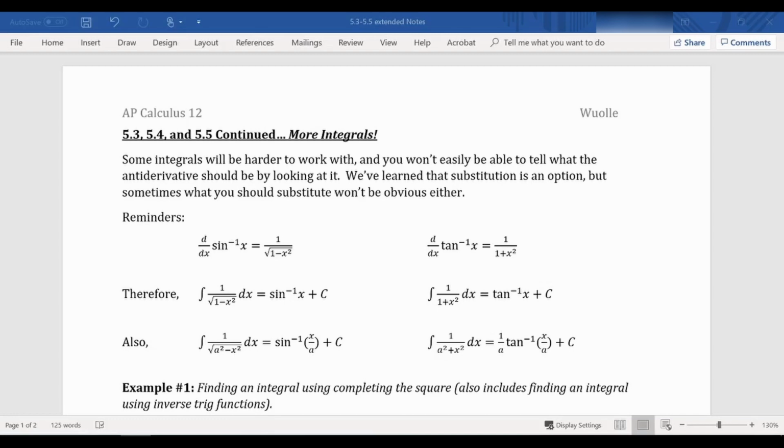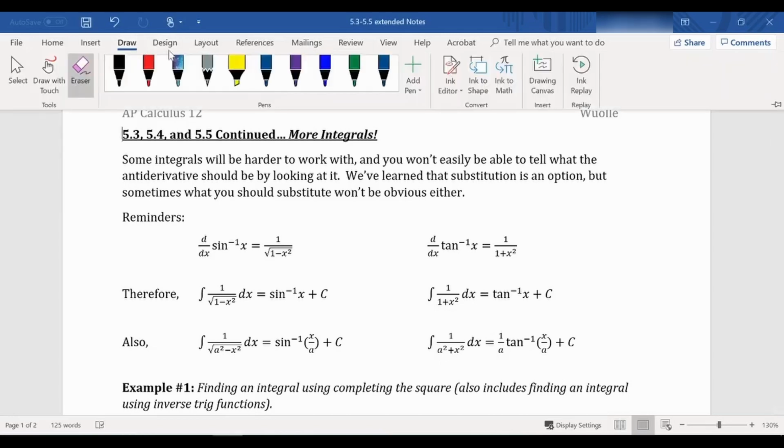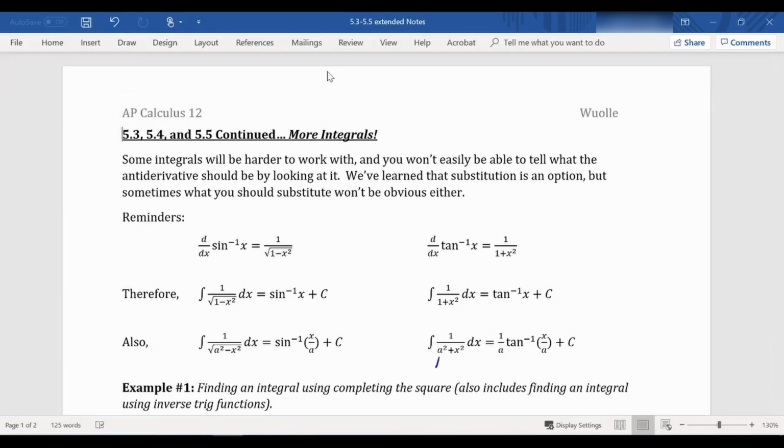So I have shown you here, for example, if you were to integrate 1 over a squared plus x squared, this would result in the inverse tan of x over a times 1 over a. So this a is all the same a, right? And that's because if I were to take the derivative of the right-hand side, I'm going to get something different.